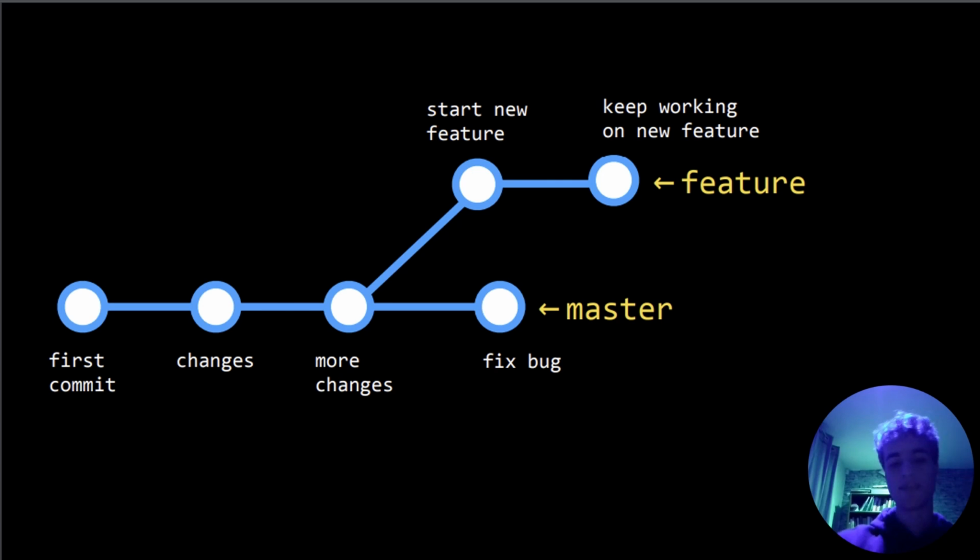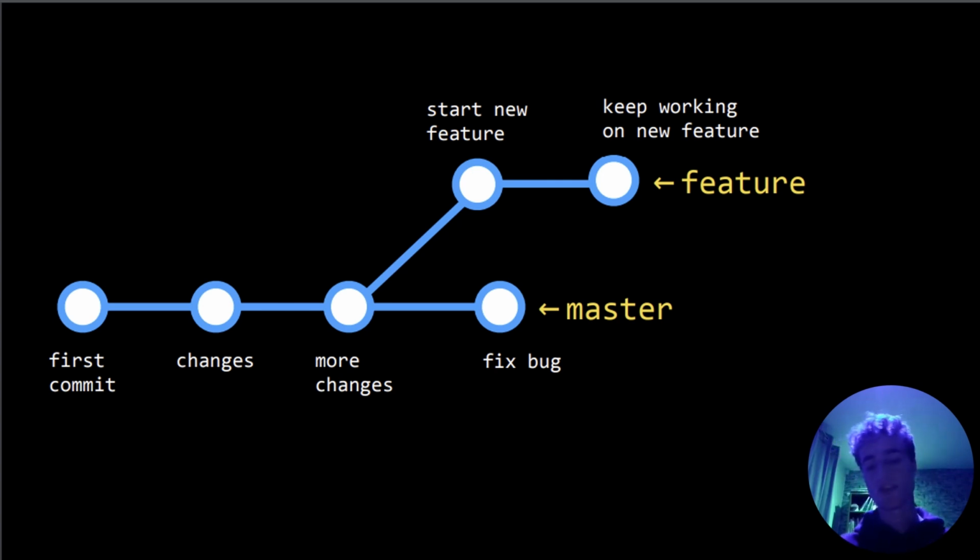So the code in the main branch is working, but the code in the feature branch isn't working. It's still in progress. And so when we fix a bug, we don't add it to the feature branch, because we need to finish the feature first to be able to add more changes, otherwise the code won't work. Instead, we add it to the master branch, where we've got the latest working version of the code.